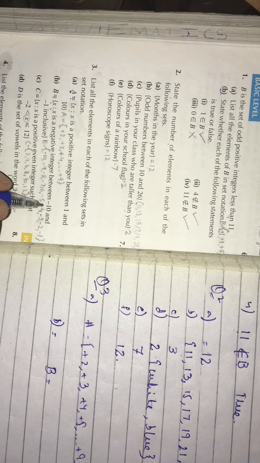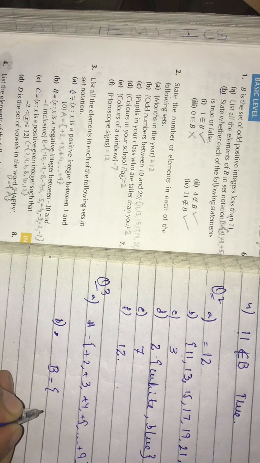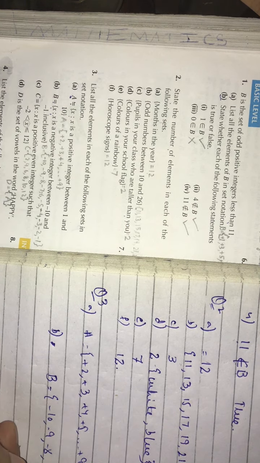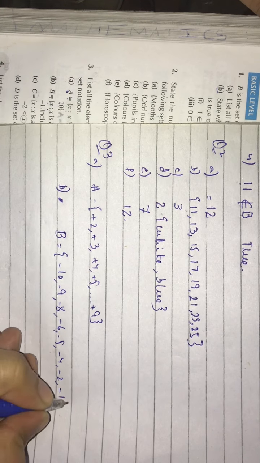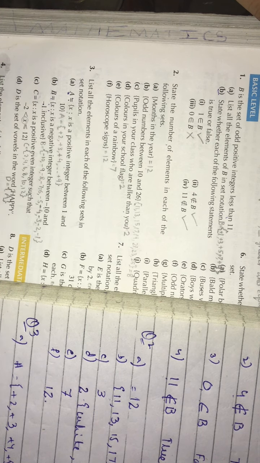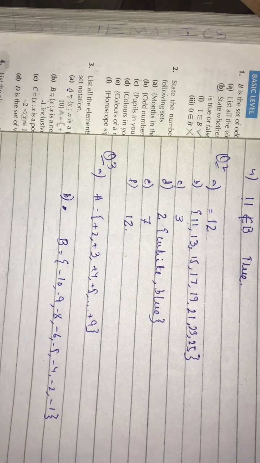Got it? Between -10 and -1. So these are -10, -9, -8, -6, -5, -4, -2 and -1. Here -10 and -1 are also included, just like this. We take integers between -10 and -1.